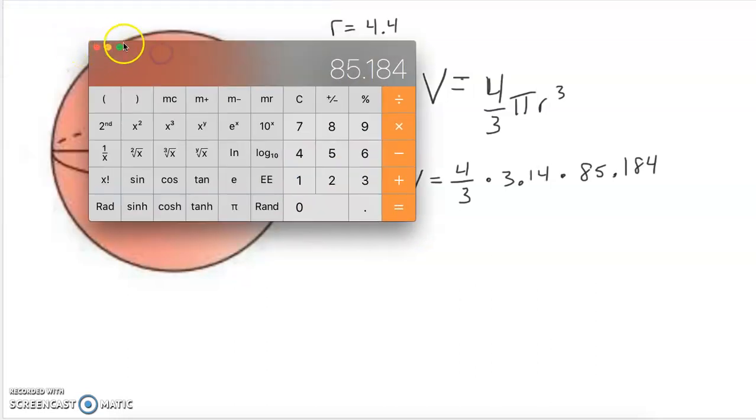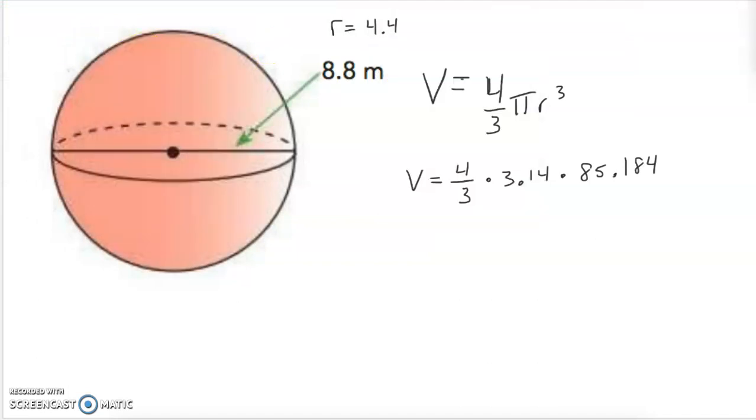All right, so let's move on. What I always tell students is you can look at this: the 4/3 is a fraction, but these aren't fractions. You can put them over 1 if you wanted to.